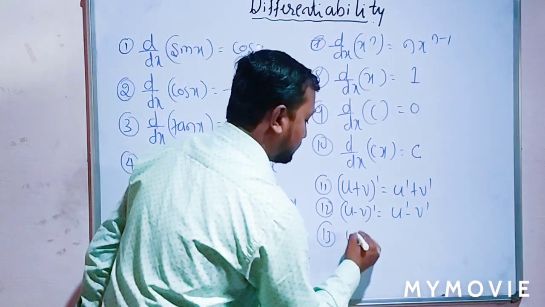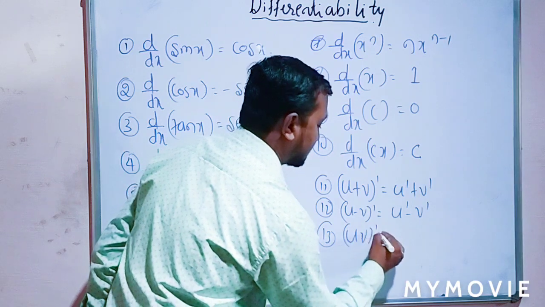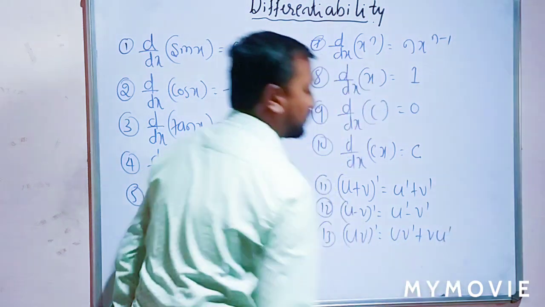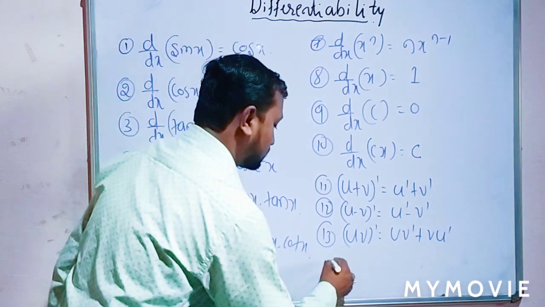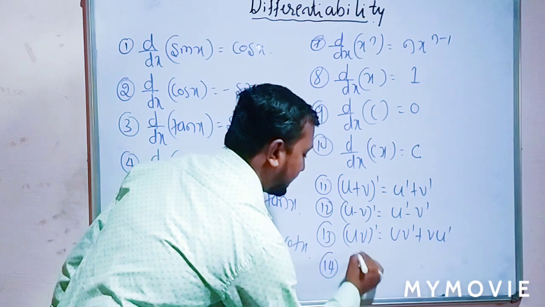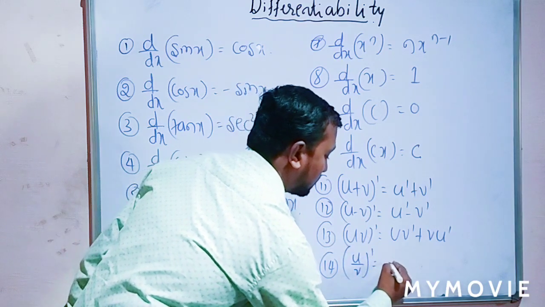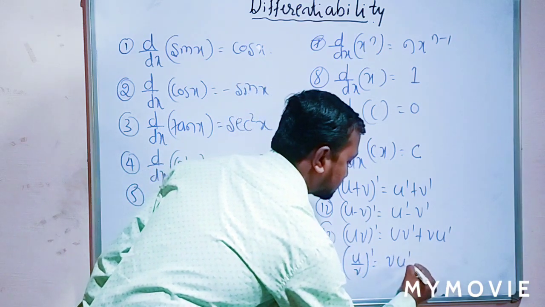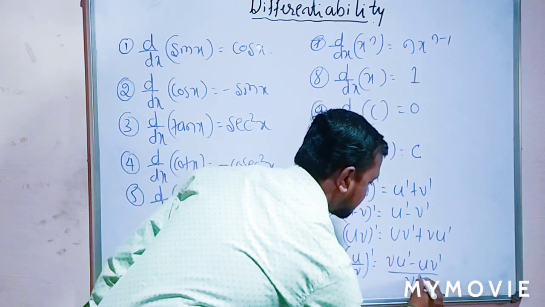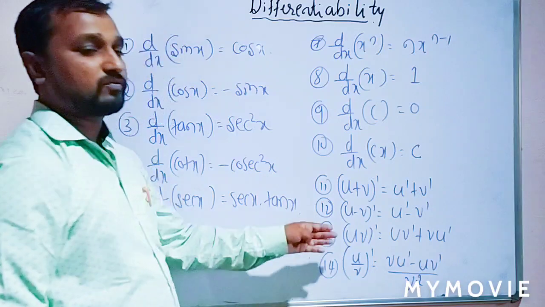So the 13th one, u into phi whole dash equal to u into phi dash plus phi into u dash. So the 14th one, u divided by phi whole dash equal to phi into u dash minus u into phi dash divided by phi square is the formula.